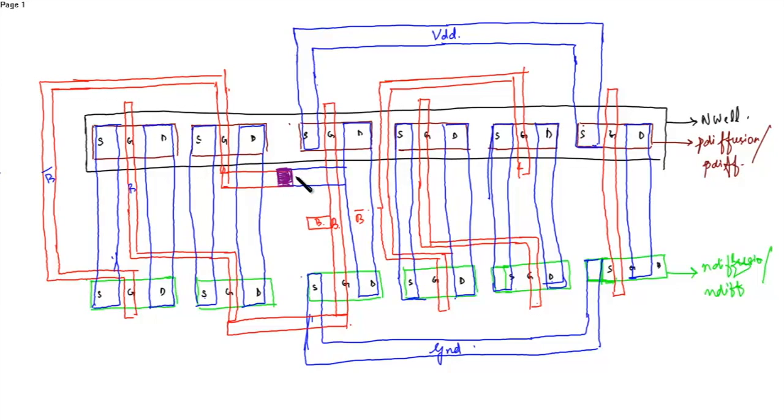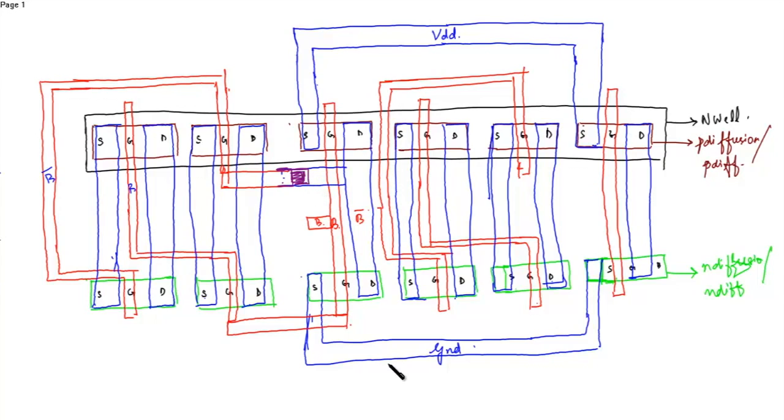To do one thing, we can just shift this, erase this area. Okay. And place the poly contact over here. This is the poly contact.